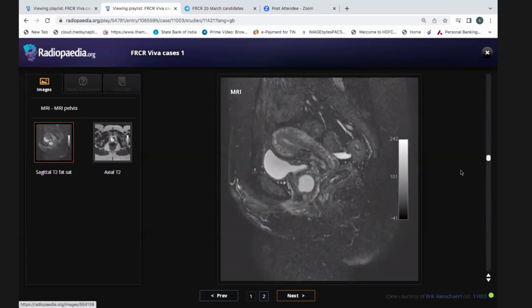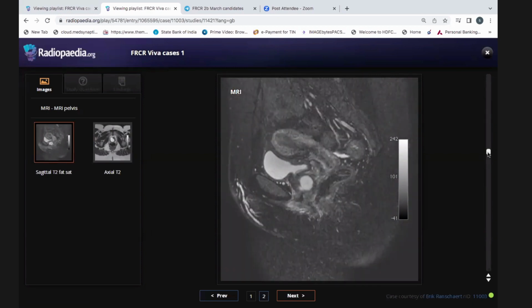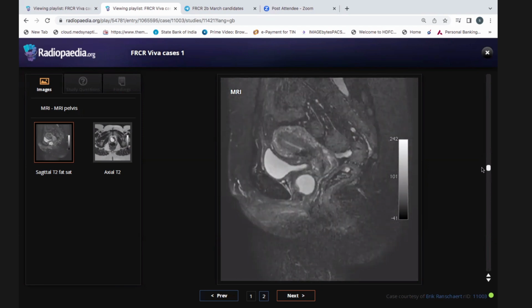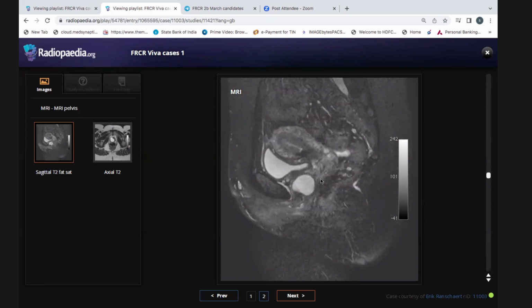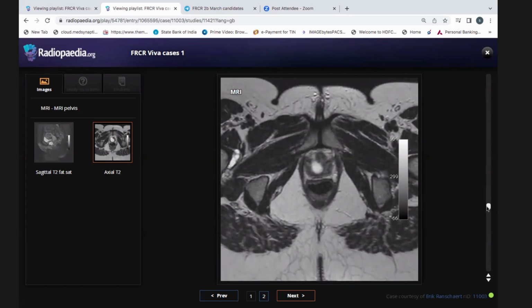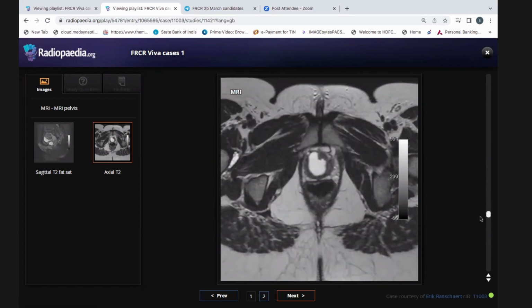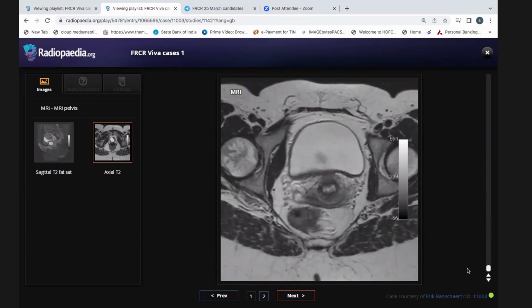Especially, I could make out that you could not get this case, especially when I gave you the hint that this is a female patient. You should have immediately changed course. Yes. And this case actually has a very different set of differential diagnosis.